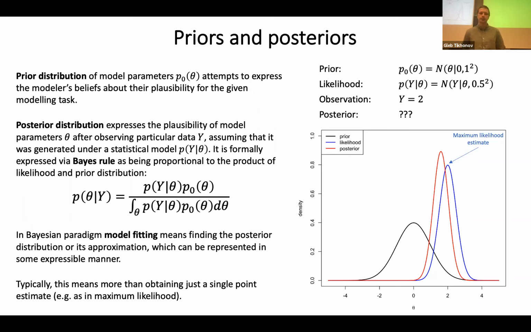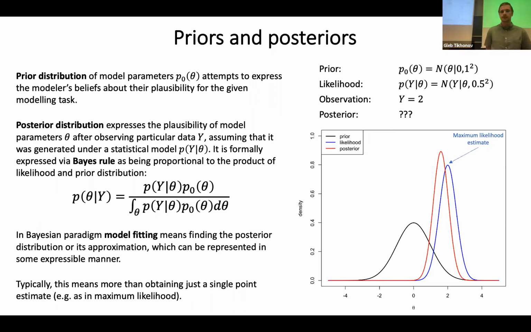Thus, you either need to properly calculate the integral below, or you need to find some approximation to characterize such a posterior. Compared to the well-known maximum likelihood approach, which is a single point estimate, model fitting in the Bayesian paradigm typically means obtaining much more information about the target distribution, compared to just obtaining a single value.